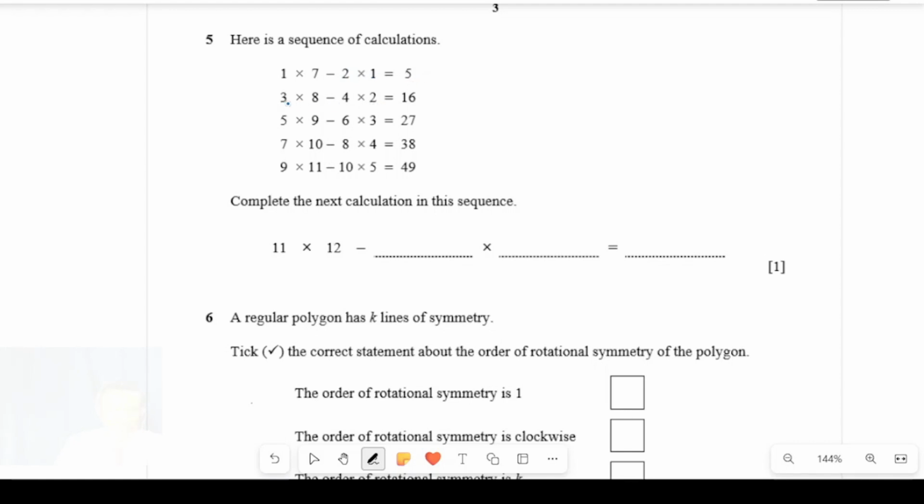Then 3 multiply 8. If you look at this point here, this number is increasing by 2.